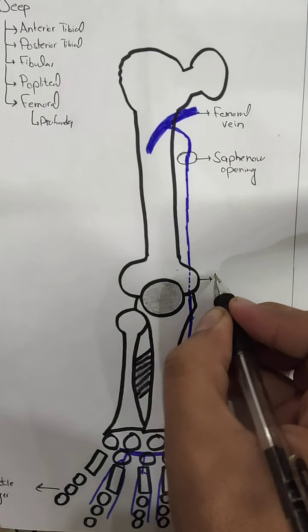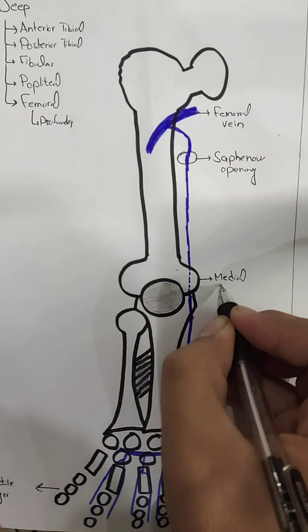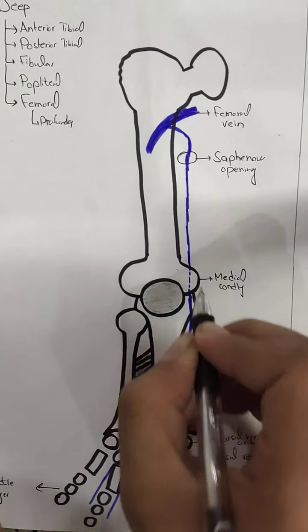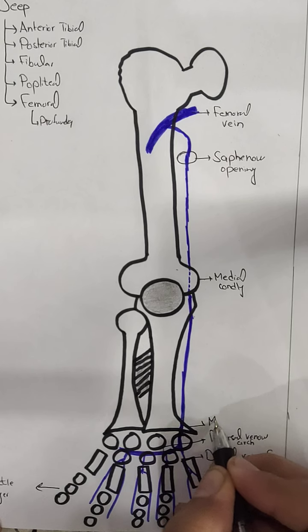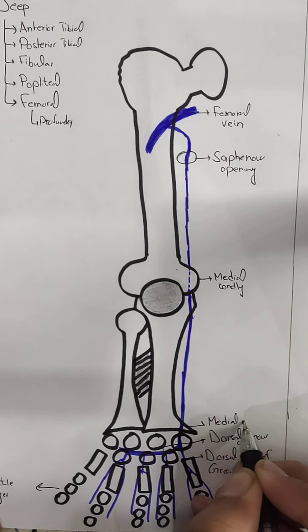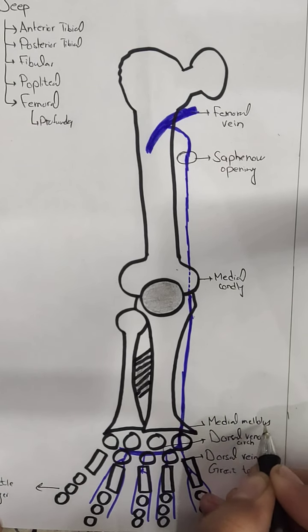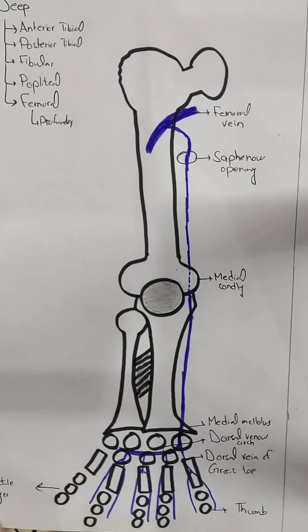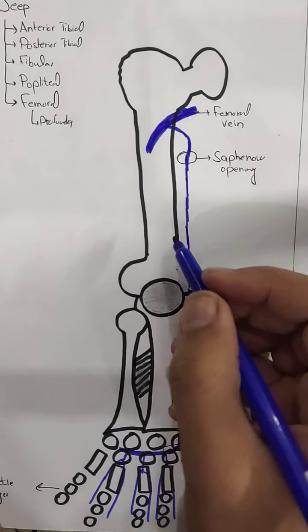This was the medial condyle, to which it is posterior, and this is the medial malleolus, to which it is anterior. Now there are several branches of this. We will see those branches also.